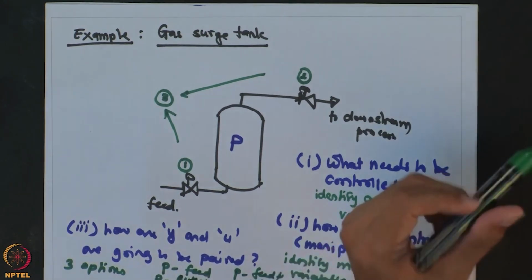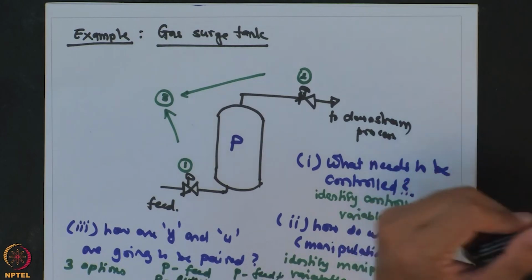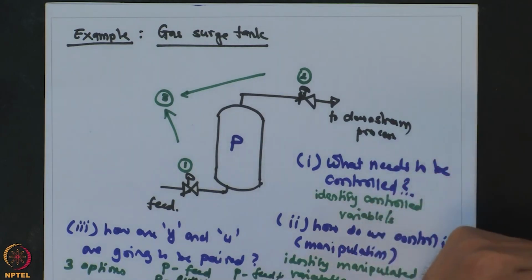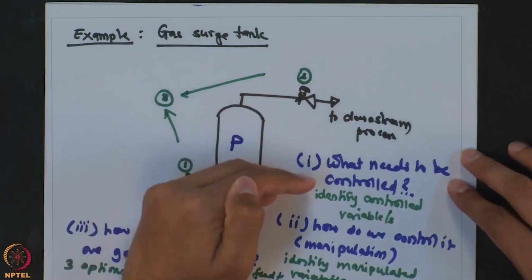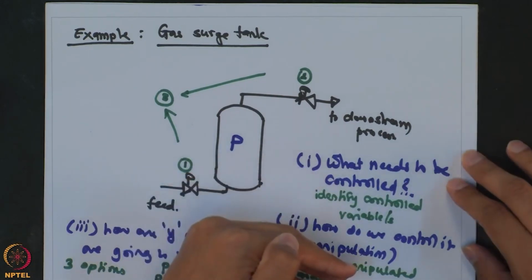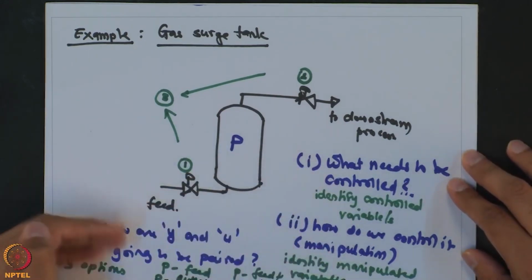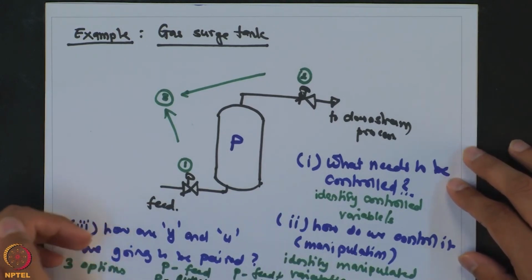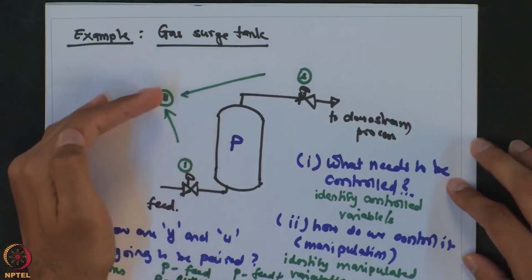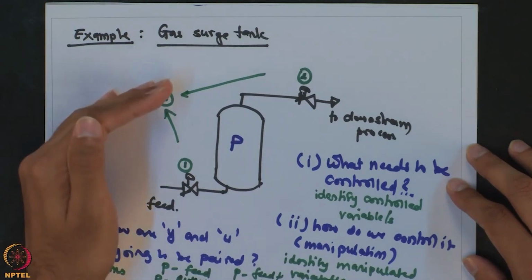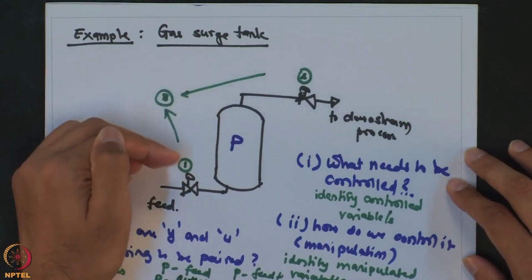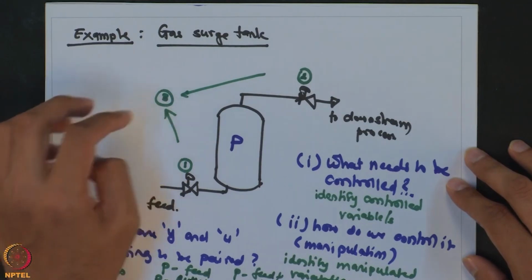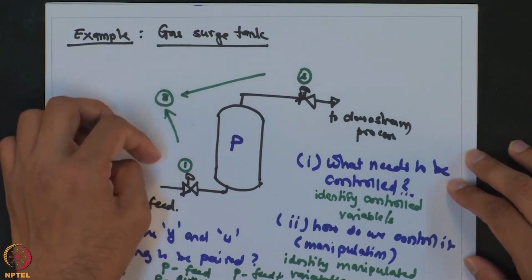Before even going forward in terms of designing a control system for this process, we have to identify the control variable and the possible manipulated variables, which will give you multiple different combinations of inputs and outputs, and eventually select the best one out of those, so that you know what is the manipulated variable and what is the control variable on which the corresponding feedback control loop will be implemented.